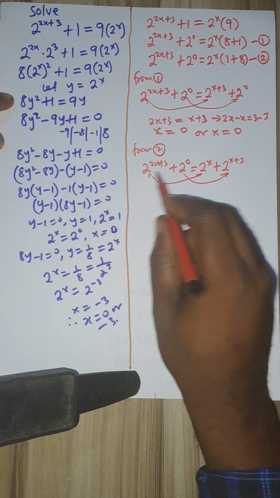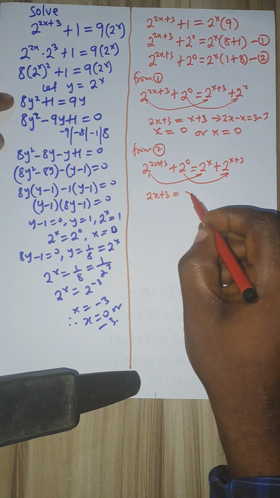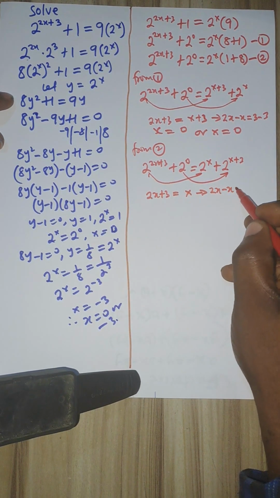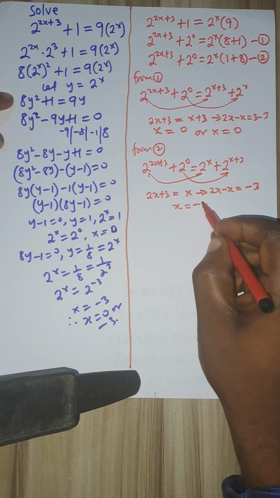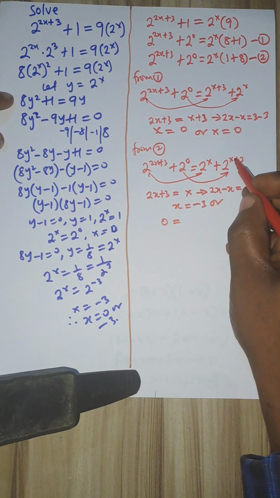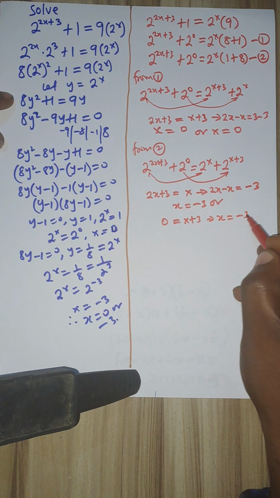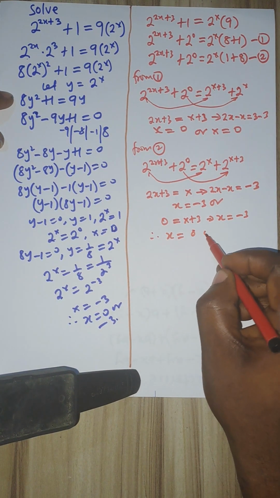So if they are equal, they have equal base, you equate their exponents. 2x plus 3 is equal to x. So we have 2x minus x equals negative 3. So x equals negative 3. So we're getting the same thing. Therefore, x equals 0 or negative 3.